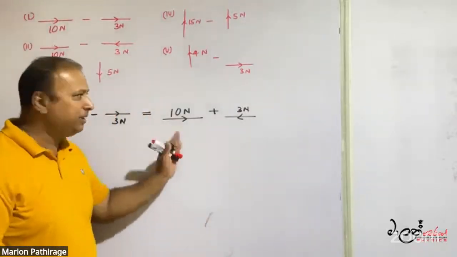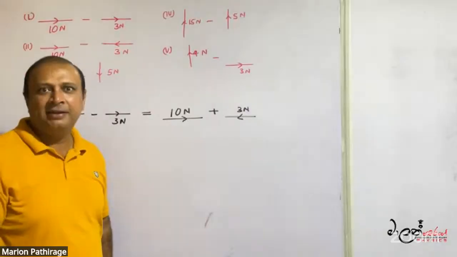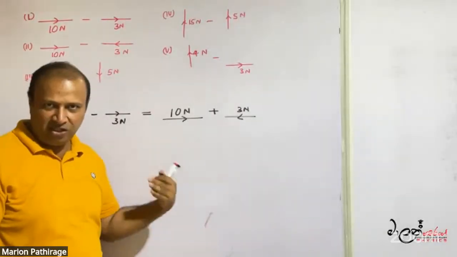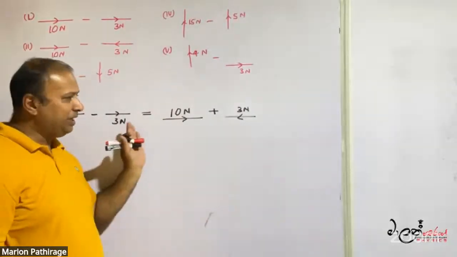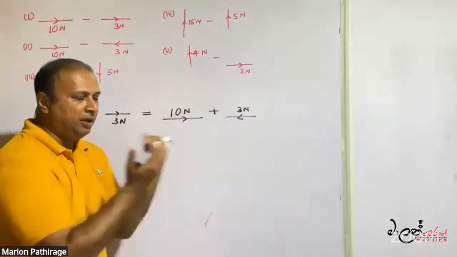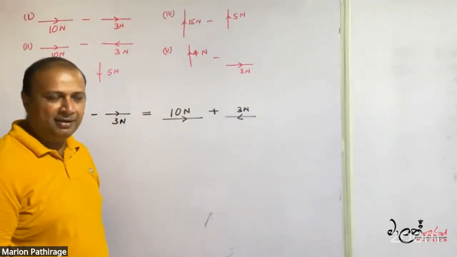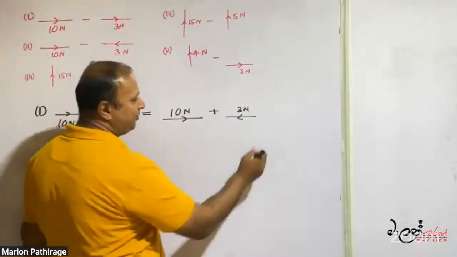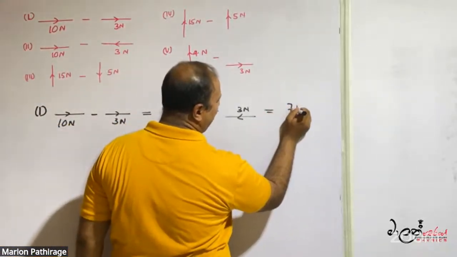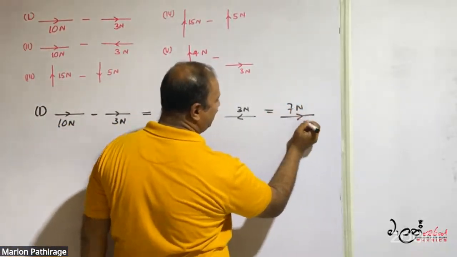Now 10 Newton to this side, 3 Newton to the other side. Once you take the addition, that means the resultant force, the resultant vector. So 10 Newton force into this side, 3 Newton into other side. That means 7 Newton force into this side.